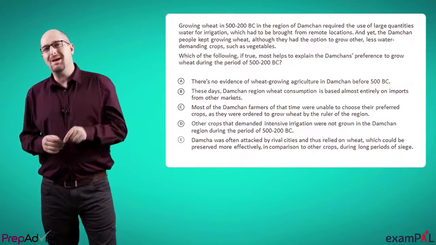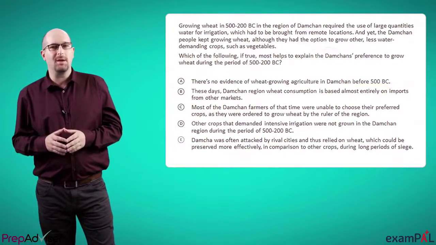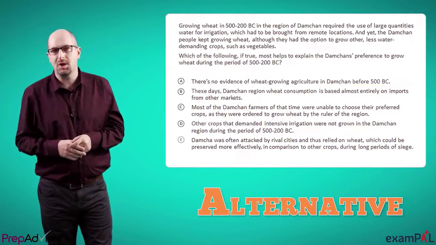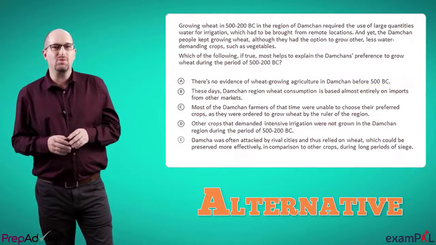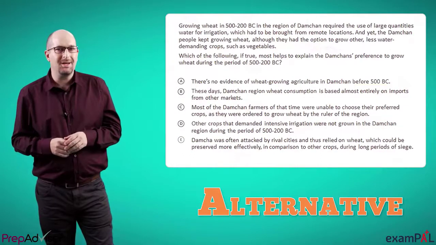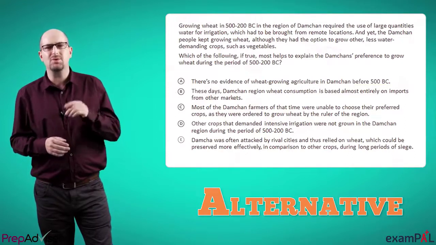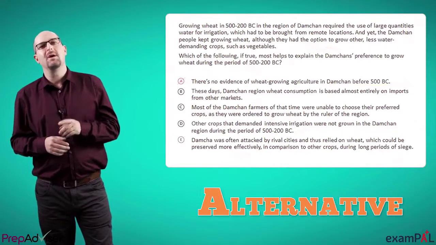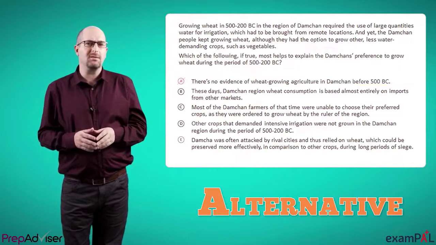Here, we're being asked to identify a solution for a mysterious phenomenon. This question requires the alternative approach of using the answers. It's not immediately obvious what the answer should be, and it seems to make sense to compare the answers. But let's do so critically, of course. A is irrelevant because it involves something which happened before the period we're discussing.